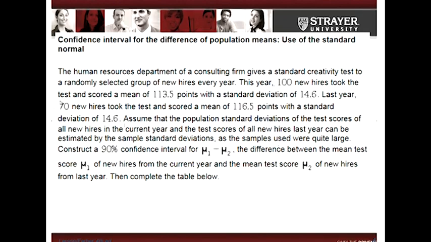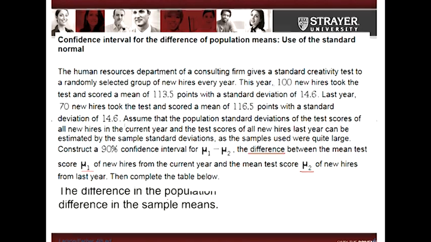So here we have a sample of 100 and a sample of 70. We're going to be considering the difference between the mean test score mu1 and the mean test score mu2 of new hires from last year. Then complete the table below, which is just the information about the lower limit and the upper limit of the confidence interval.